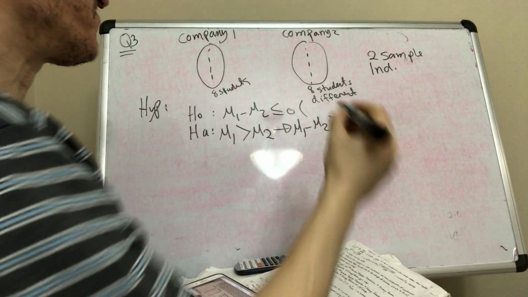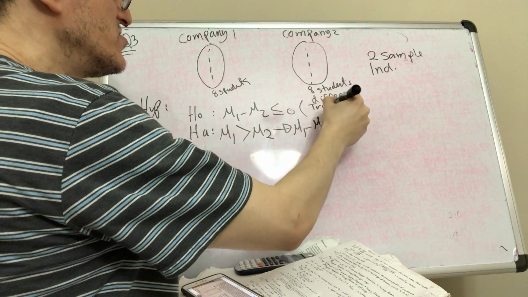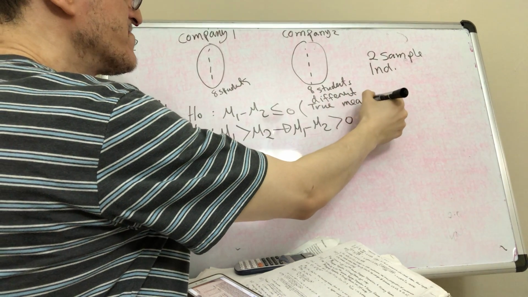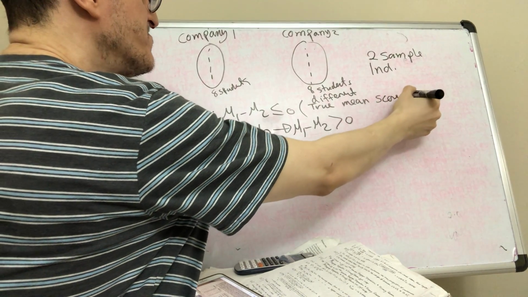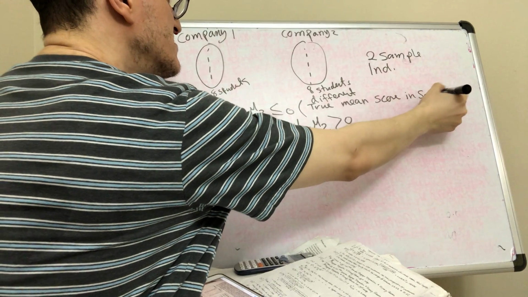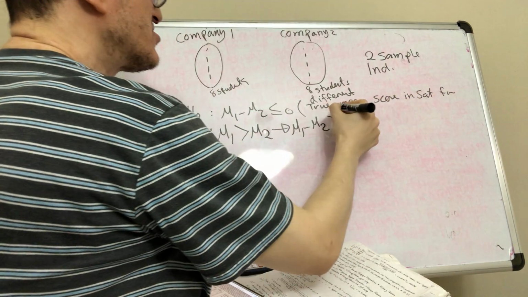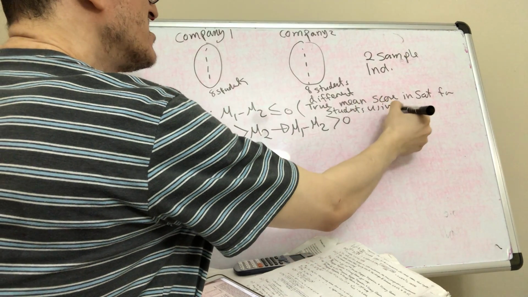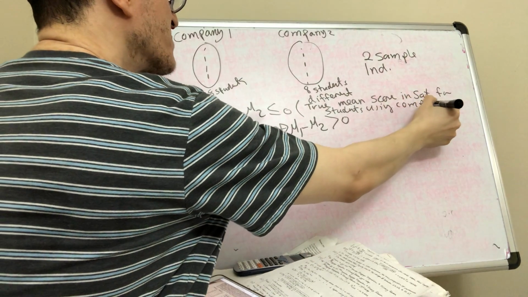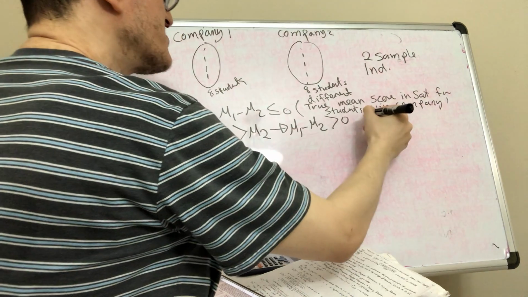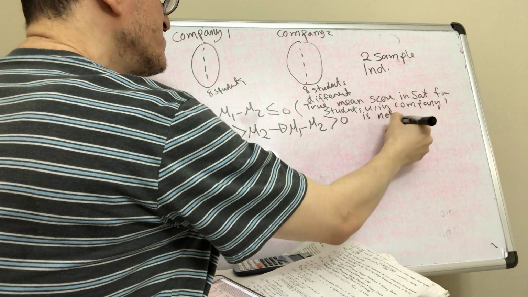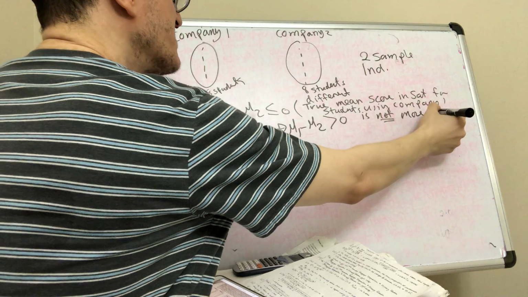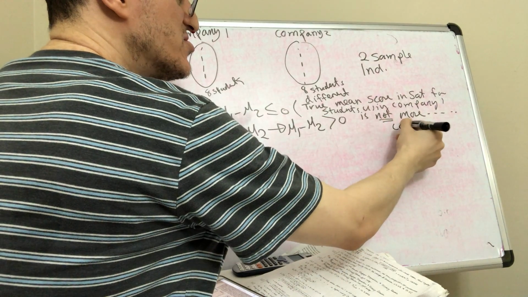In English, true mean score in SAT for students using Company 1 is not more than those who use Company 2.